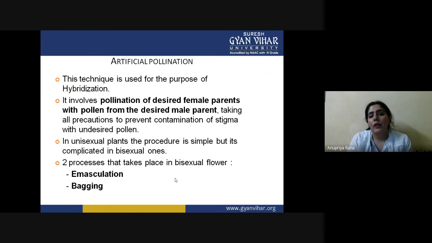So here we have to take many steps, or you can say many aseptic conditions, in which a very controlled environment should be provided for artificial pollination, because any kind of disturbance can lead to an unsuccessful product. That's why the two processes that take place in bisexual flowers are emasculation and bagging.